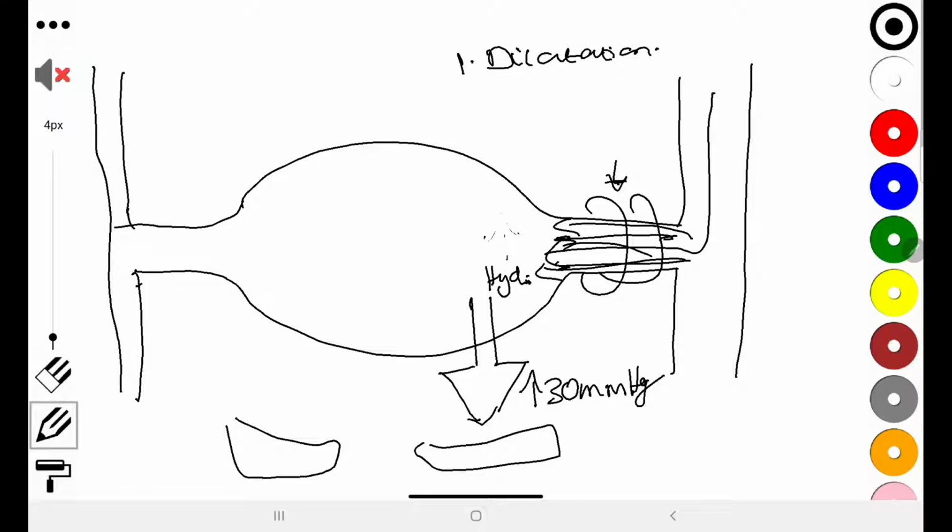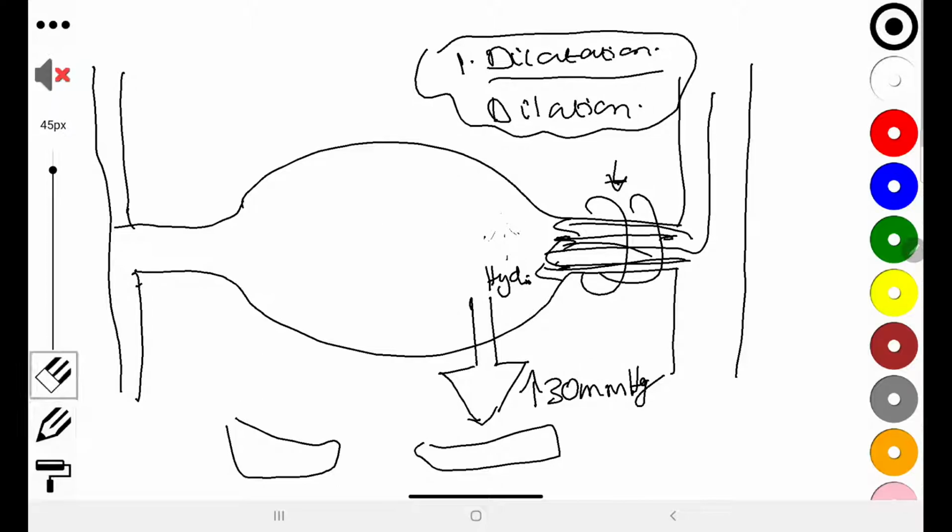How else can this happen? Dilatation. It's still dilation. All right.